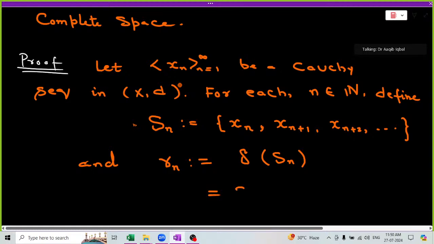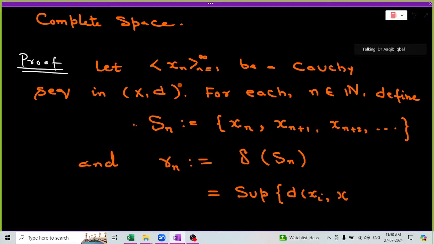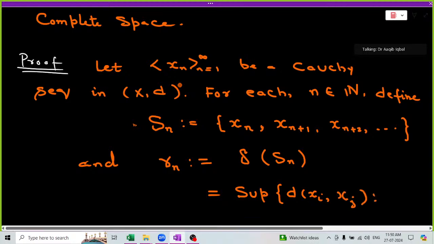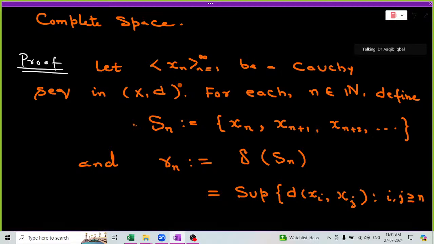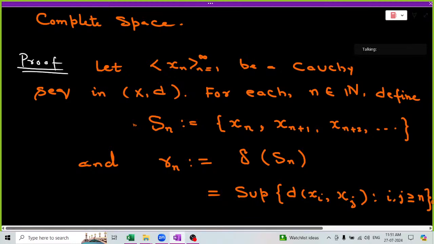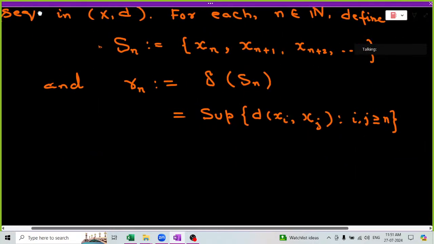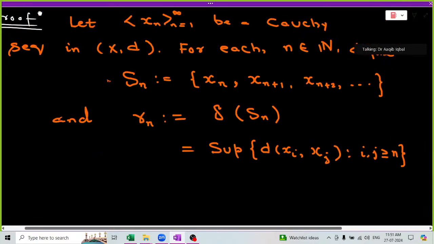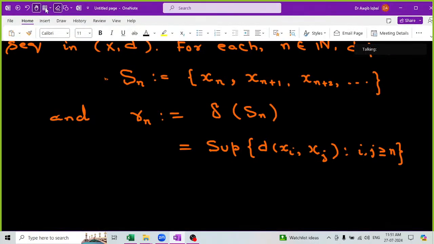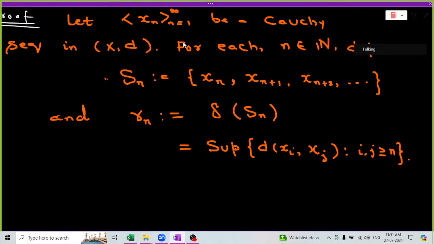Diameter is actually the sup of the distance between xi, xj, such that i, j are greater or equal to n. ठीक है? This is the diameter, and this will be Rn.